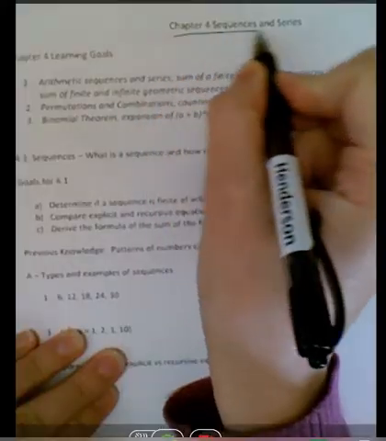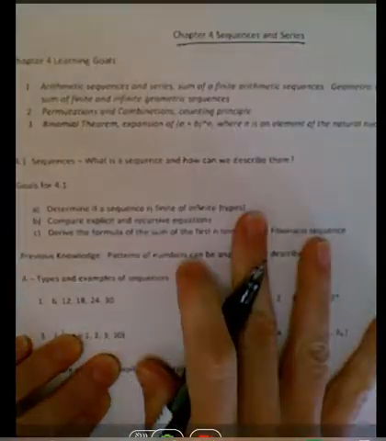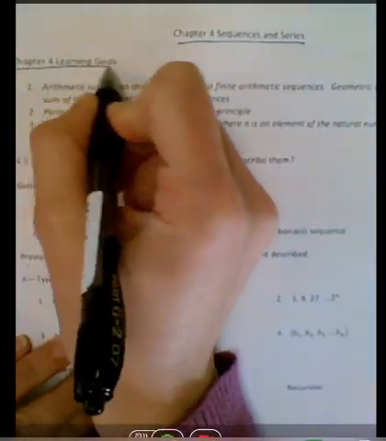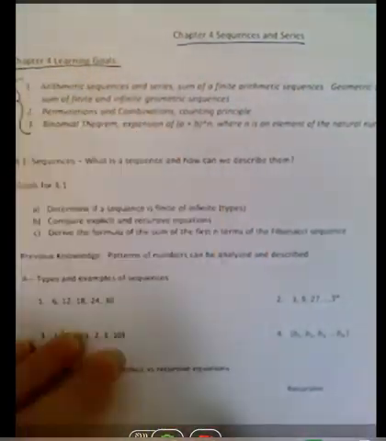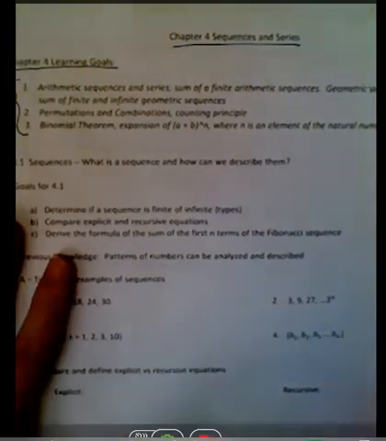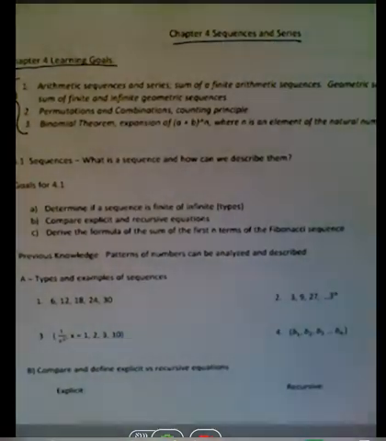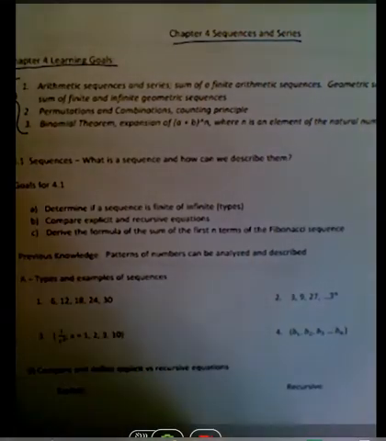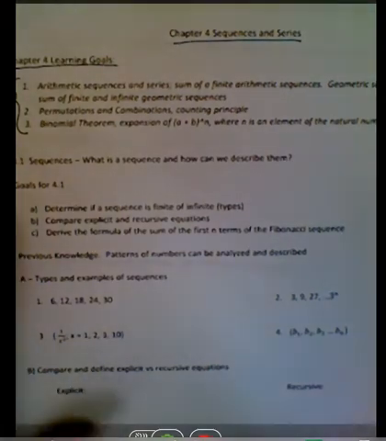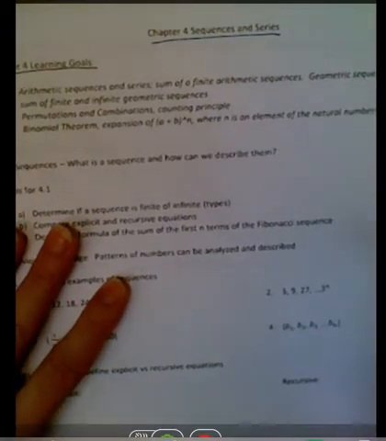This is the beginning of chapter 4, which is on series and sequences, and these are the learning goals, the big goals for this whole unit. Those include arithmetic sequences and series, geometric sequences and series, and then those are in terms of sums, and then it gives you sums of those types of sequences.